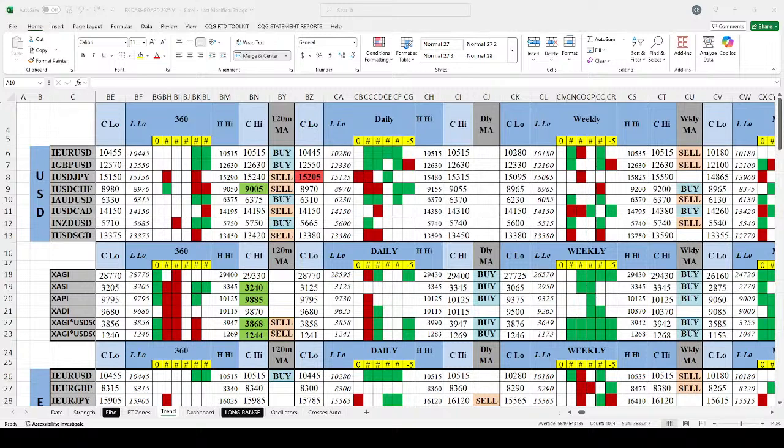Then on Wednesday we have President Trump giving a talk. Then we also have the RBNZ rate announcement, and the forecast is about a 0.5% cut. So take note that for Aussie and New Zealand an interest rate cut is expected, so we need to be a bit careful on these two currencies.